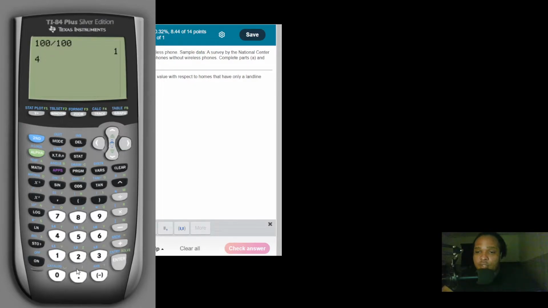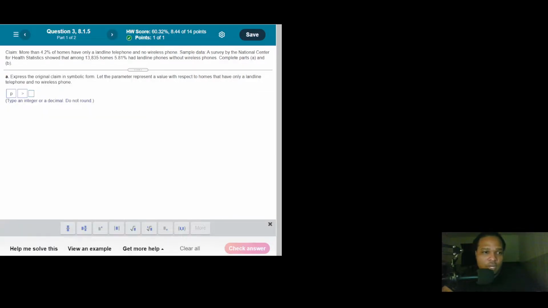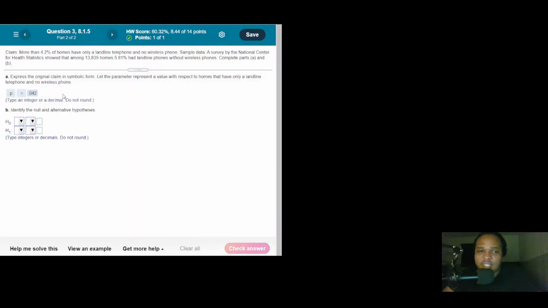If we have 4.2 and want to change it to a decimal, which is what we really need, divide by 100 and you get 0.042. You can also just move the decimal point in 4.2 to the left 2 places. Either way, we're going to enter 0.042. Good job.